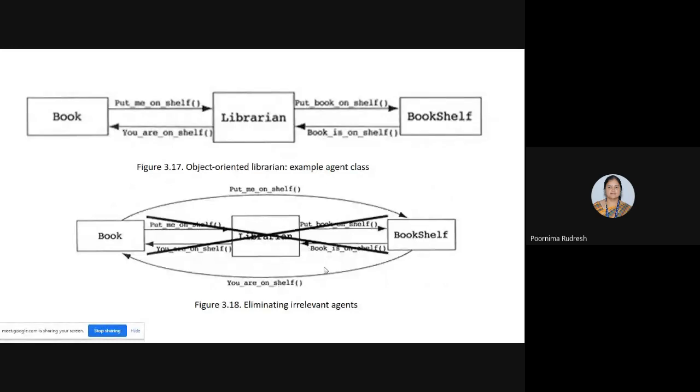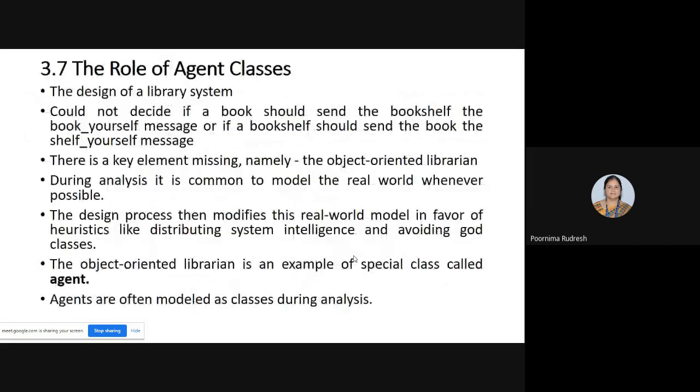If we remove that, the number of messages exchanged between the two classes will be reduced, but the additional functionality cannot be performed by these. Because if we keep including additional responsibility in these two classes, then the complexity of the classes increases. Then it leads to a maintenance problem. Understood?